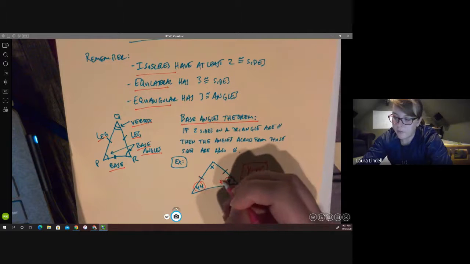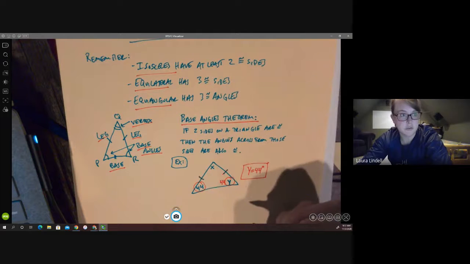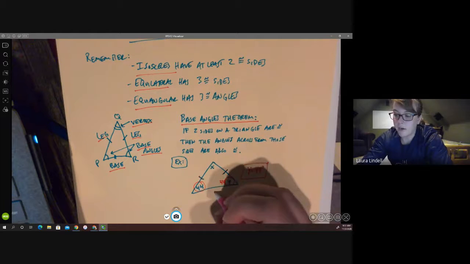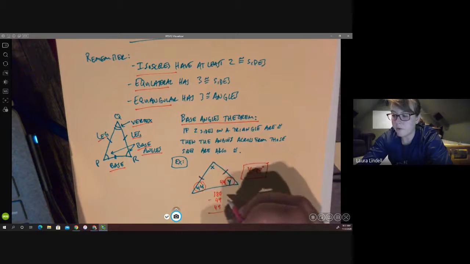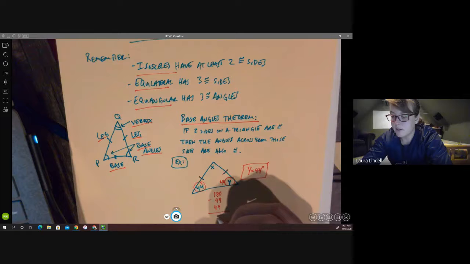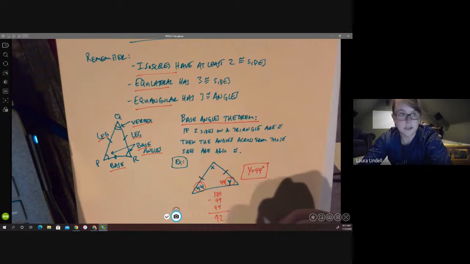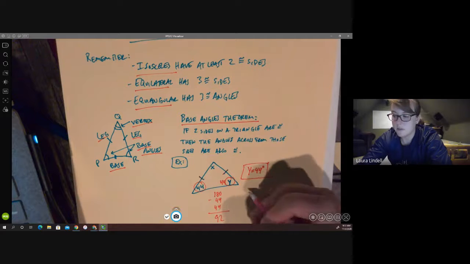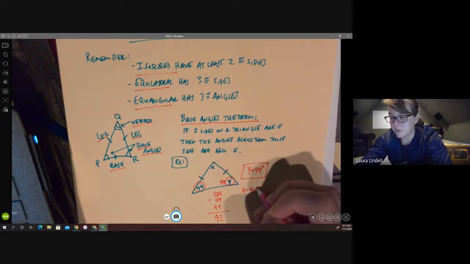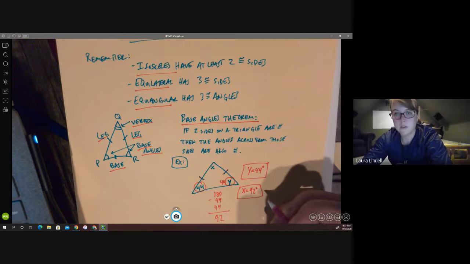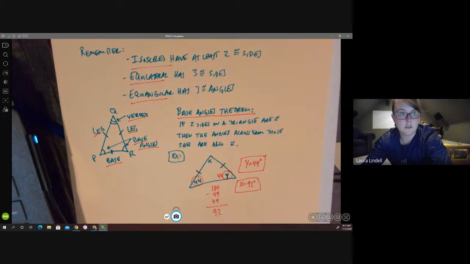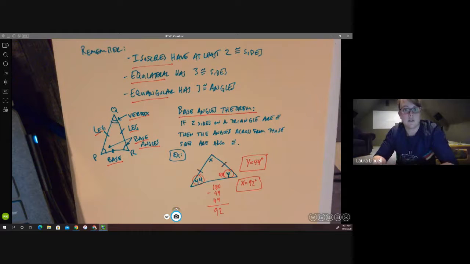So now if I know that this one is 44 and this one is also 44, then we can just subtract off of 180. So I can go 180 minus 44 minus 44 and get 92. So then x equals 92. Okay.